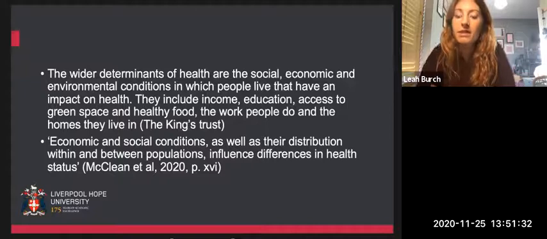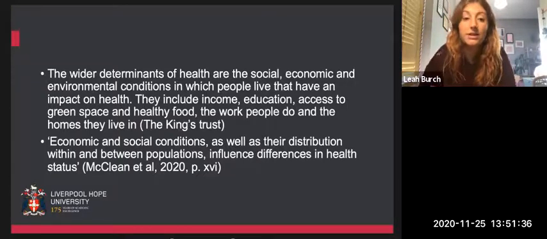So we have research that's conducted by organisations such as the King's Trust and the Joseph Rowntree Foundation. These organisations are really key in researching health inequality and raising awareness of health inequality, particularly in relation to the wider context that health is situated in.